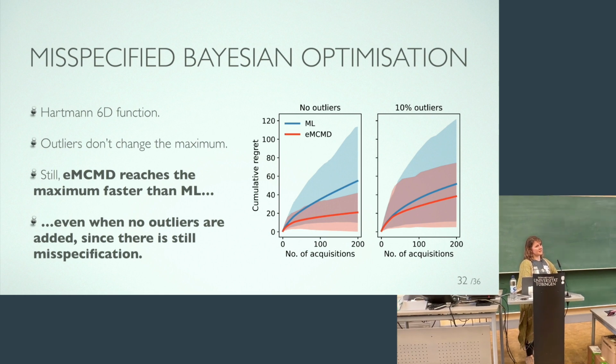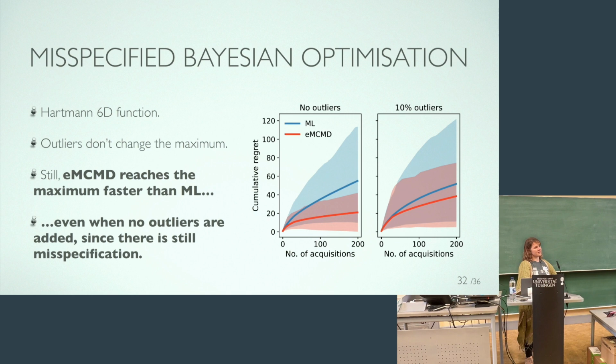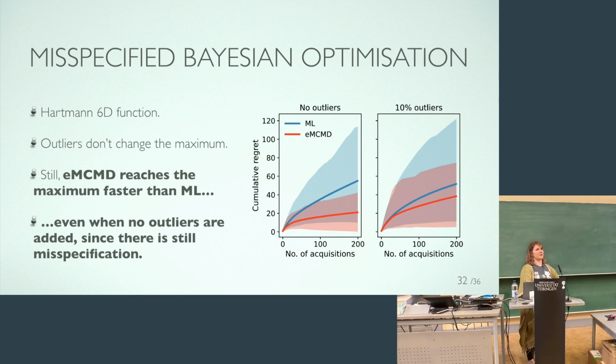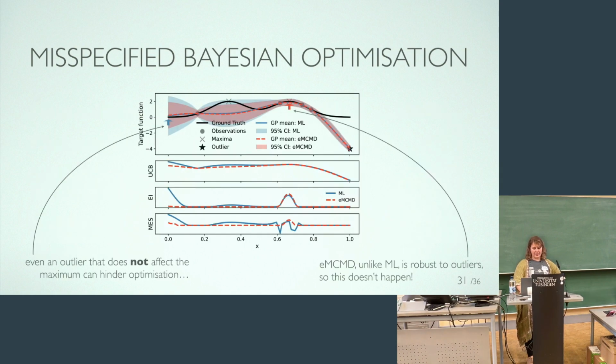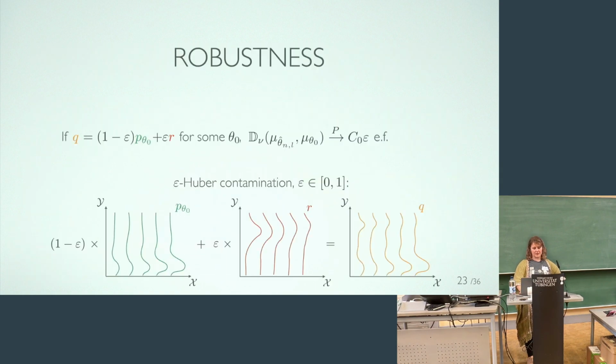Is this ratio of contamination something that goes into the EMCMD method? So in the robustness result, we do assume that epsilon is known, and this convergence to epsilon is where it comes in.